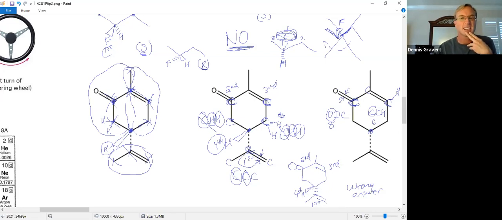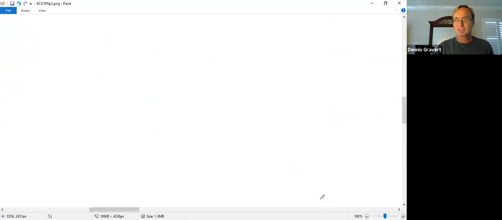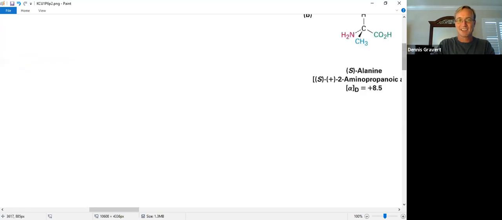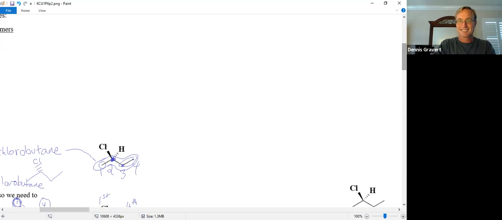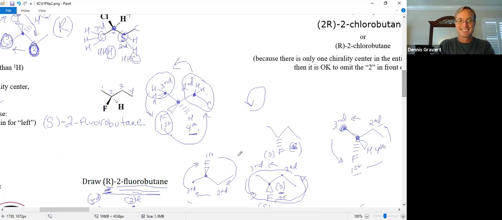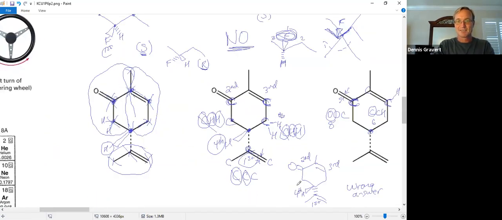So what is the incorrect answer? Well, looks like I lost the page. I'll go this way. Sorry. There we go. We're back. It looks like it goes from 1 to 2 to 3. 1 to 2 to 3. It looks like it's a right-handed turn, right?